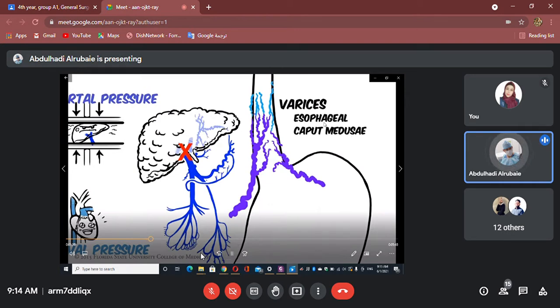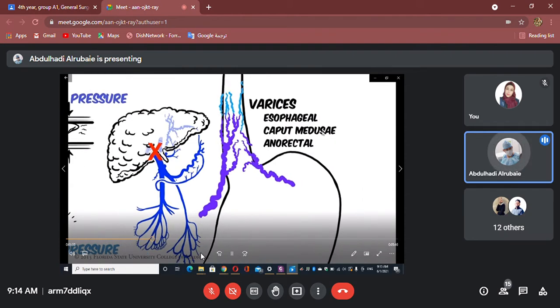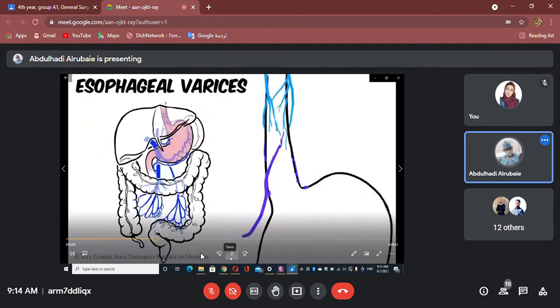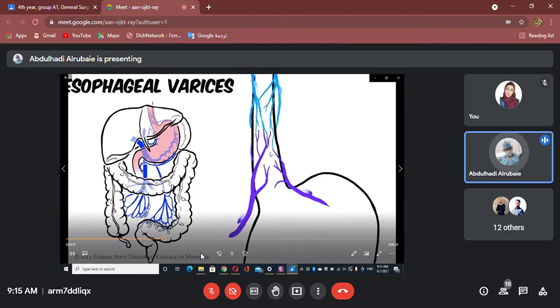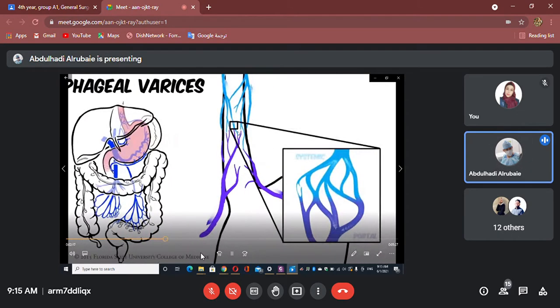Here, the esophageal varices, these communications, and caput medusae, and the piles. This is the normal flow of blood between the left gastric and azygous vein. There is usually very little exchange between these two systems.